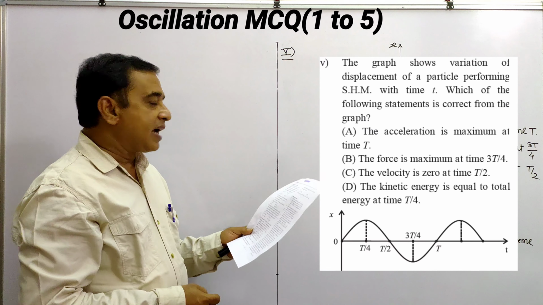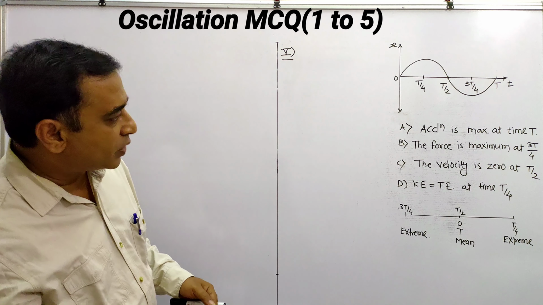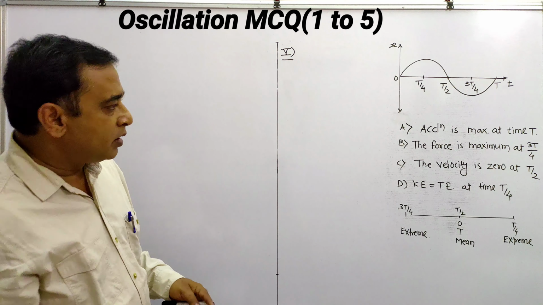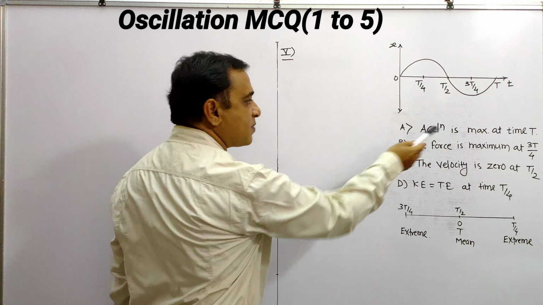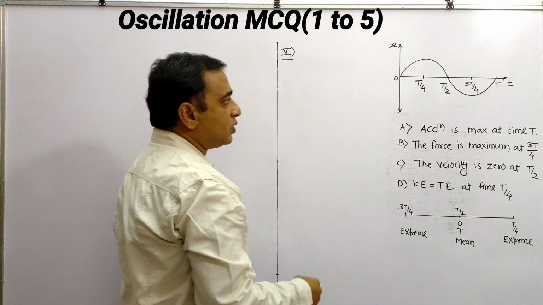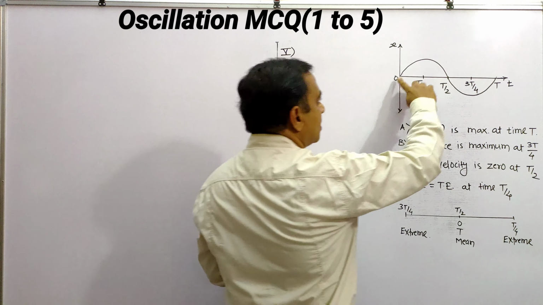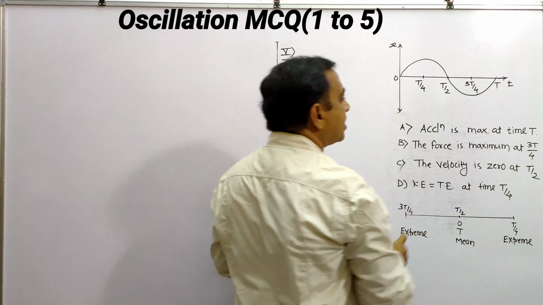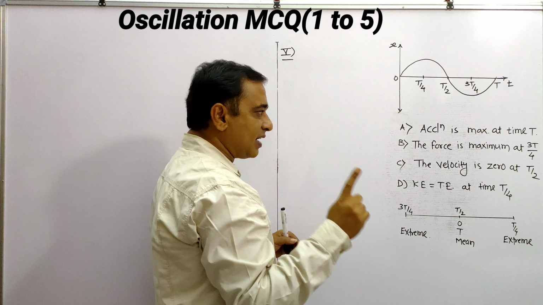So here is the diagram which is given. I have already drawn the diagram and also written the options A, B, C, D in short. In that, acceleration is maximum at time t. So this is the diagram before you. Let us divide the t. This is the complete one cycle, the time taken by a particle in one oscillation.